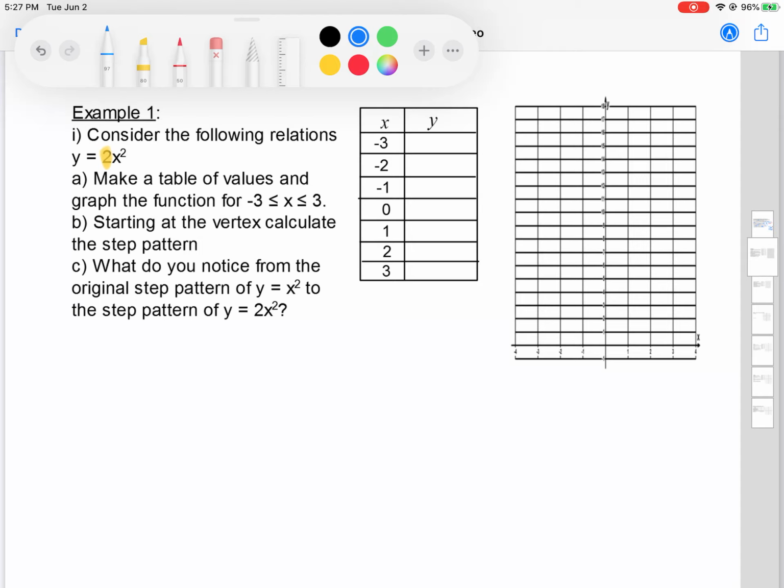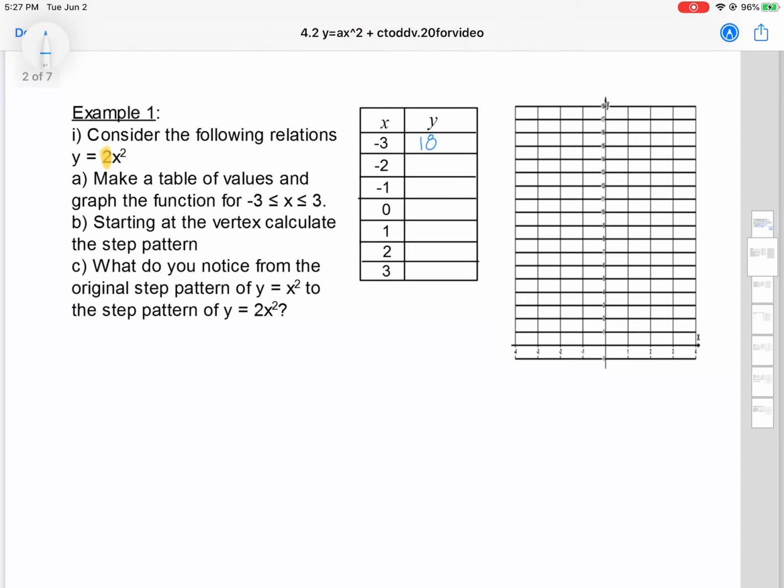Negative 3 squared is 9 times 2 is 18. Negative 2 squared is 4 times 2 is 8. Negative 1 squared is 1 times 2 is 2. 0 squared is 0 times 2 is 0. 1 squared is 1 times 2 is 2. 2 squared is 4 times 2 is 8. 3 squared is 9 times 2 is 18.